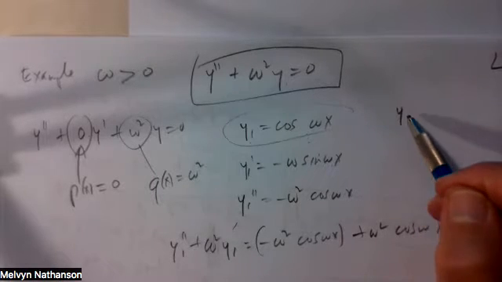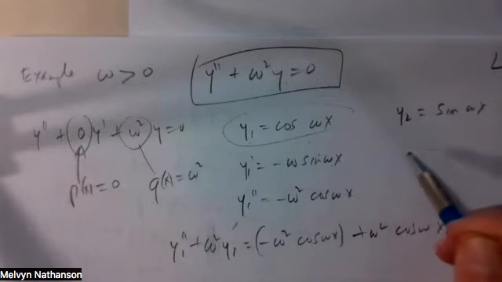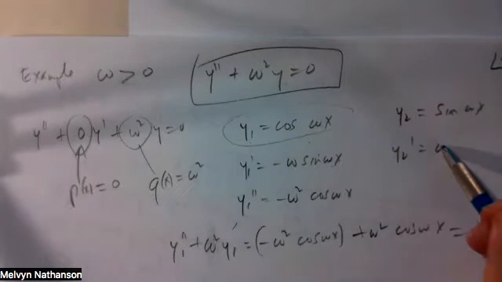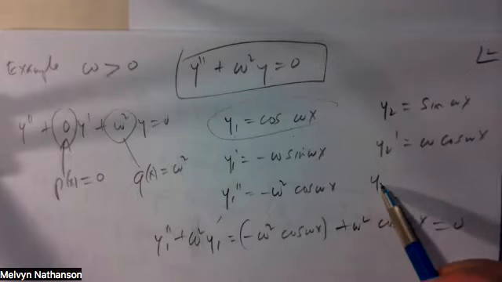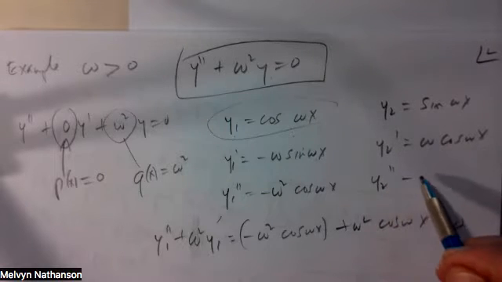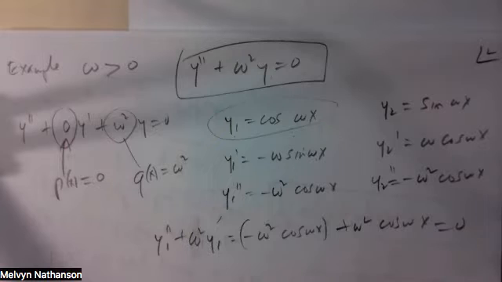And if we take y2 to be the function sine of omega x, we differentiate this once, we get omega cosine omega x. We differentiate this a second time, we get minus omega squared sine omega x.